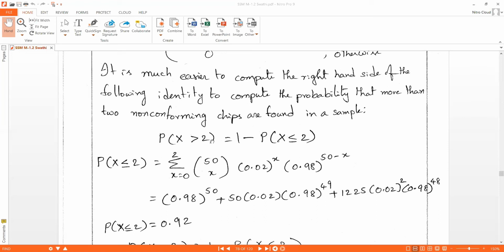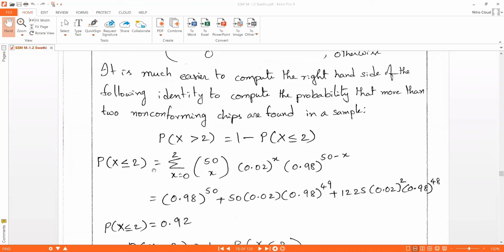P of x greater than 2 can be written as 1 minus P of x less than or equal to 2. We know how to find P of x less than or equal to 2.